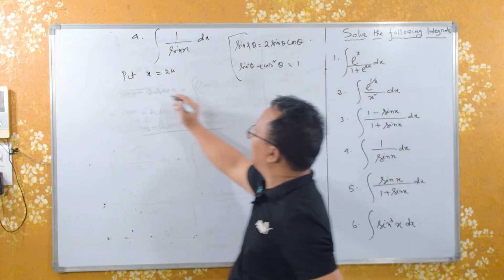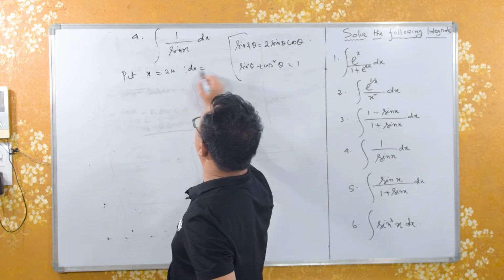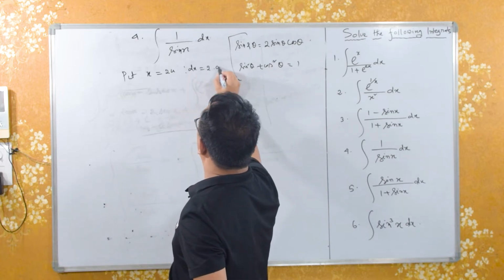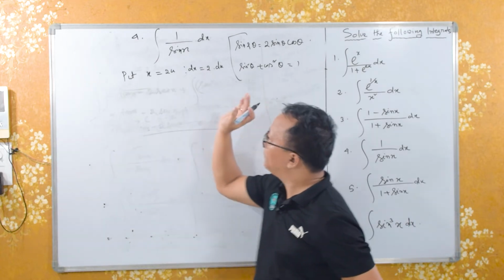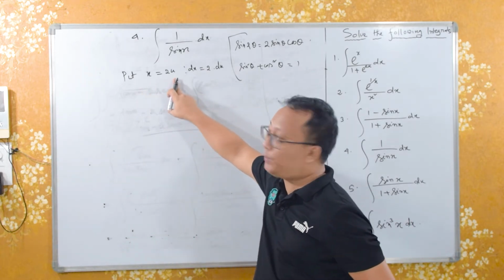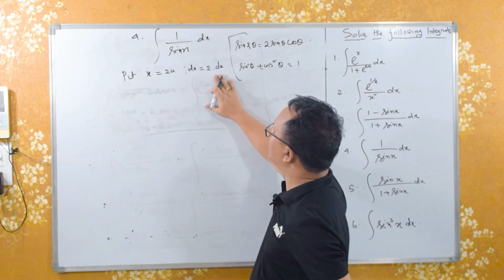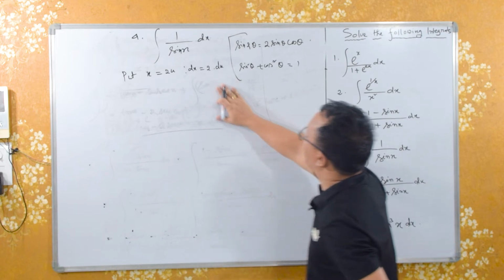Therefore dx becomes 2 du, because dx by du is 2 into 1, so cross multiplying, dx equals twice du.